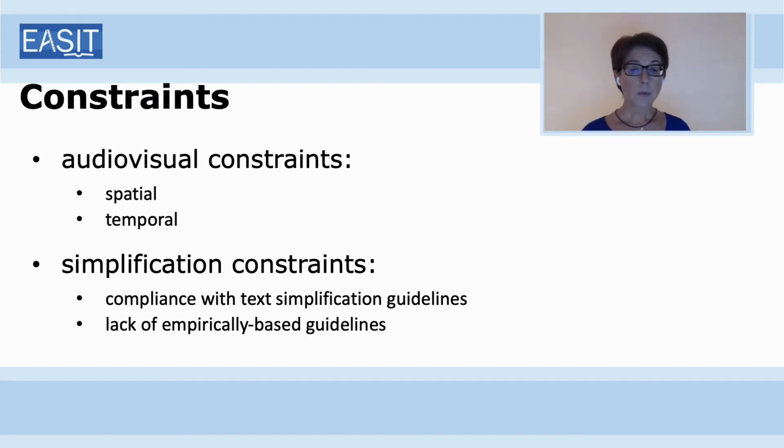Easy-to-understand subtitles are subjected to different types of constraints. The first type emerged from the audiovisual nature of the product, meaning the limited time and space that we have for a subtitling line. The other types of constraints emerge from the simplification methods.